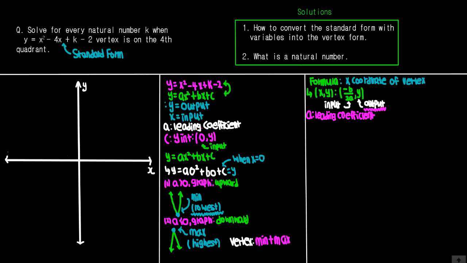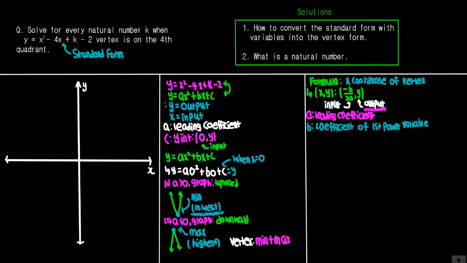Now let's think about what b is. b, which is located in the numerator of our formula, is the coefficient of the first power variable.